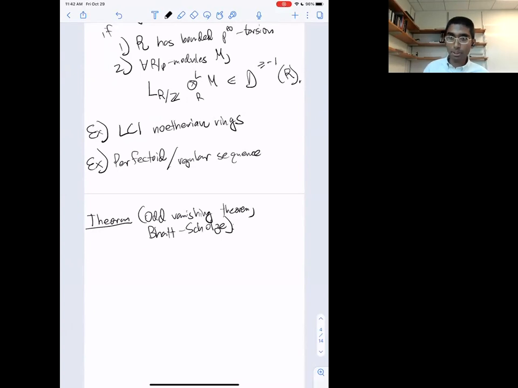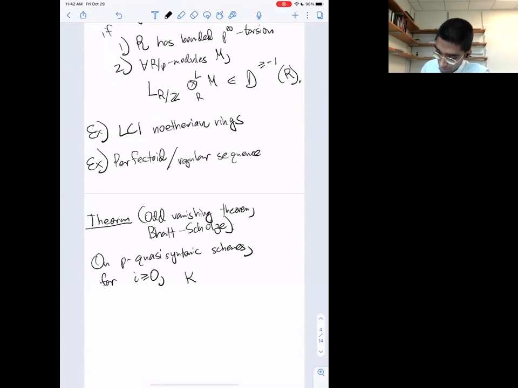On p-quasisyntomic schemes, for any i greater than or equal to 0, the syntomic sheafification of the odd degree K groups is 0. So K_{2i+1} syntomically sheafified with Z mod p to the n coefficients is 0.